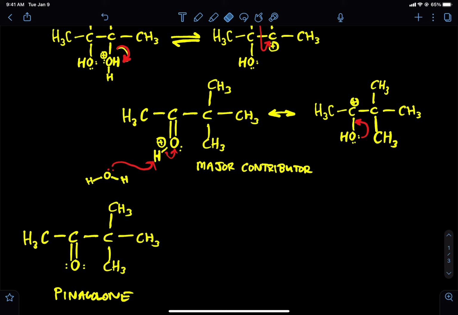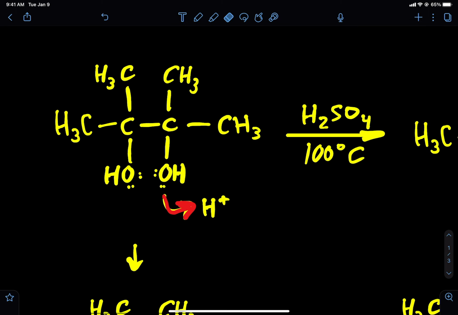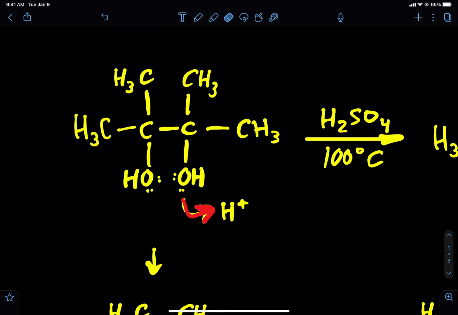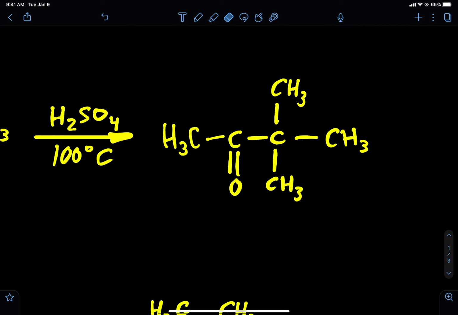The pattern here is that if we have a glycol, a vicinal diol, like we do in pinacol, we can transform that into a carbonyl, probably a ketone, but a carbonyl adjacent to a quaternary carbon, basically. A carbon with four carbons attached to it.